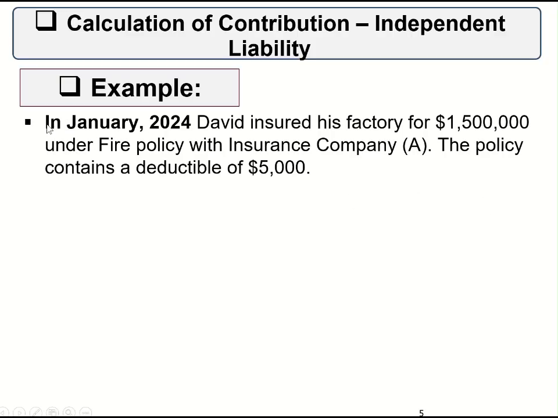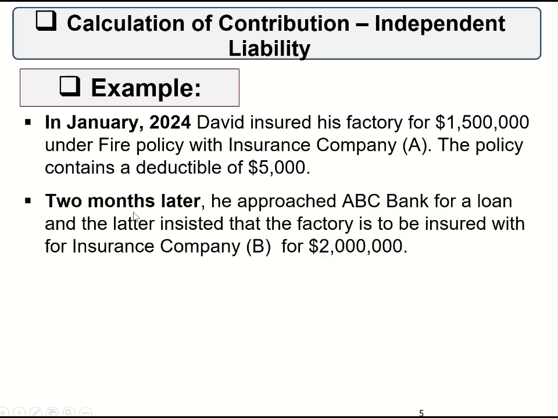Look at this example. In January 2024, David insured his factory for $1.5 million under a fire policy with insurance company A. The policy contains a deductible of $5,000. Two months later, he approached APC Bank for a loan and the latter insisted that the factory be insured with insurance company B for $2 million.